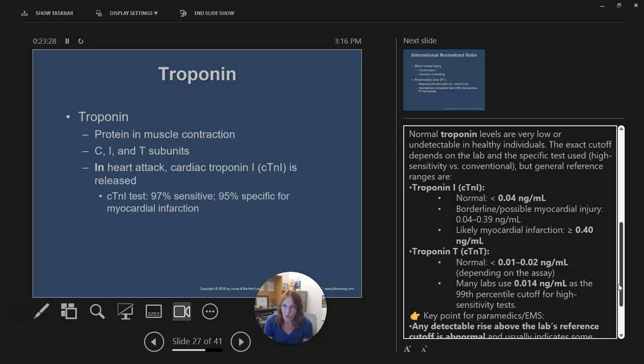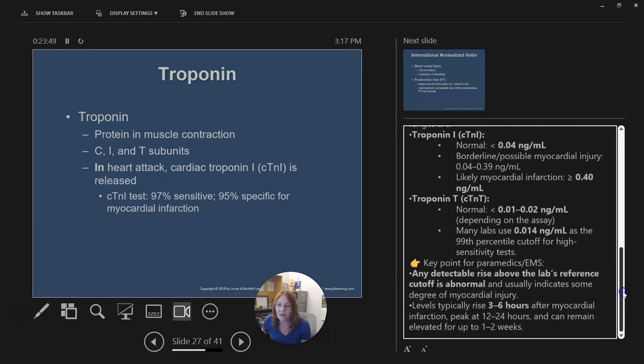So for our troponin T, the normal is going to be 0.01 to 0.02, and that depends on the lab value. Many labs use the 0.014 as the 99th percentile cutoff for high sensitivity tests. So it's important to understand what test has been run by your lab.